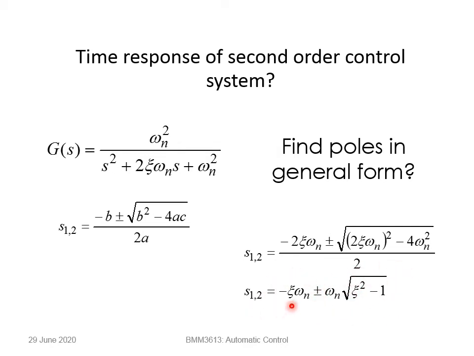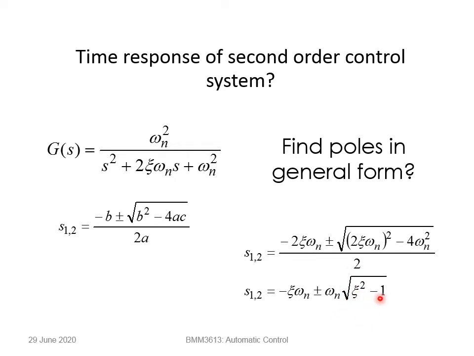The left term will always be a real number, because omega n is the square root of b, a real number, and zeta is a over 2 omega n, which is also a real number. So the term that will vary is omega n multiplied by the square root of zeta square minus 1.